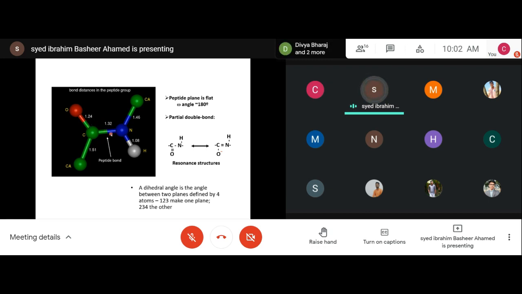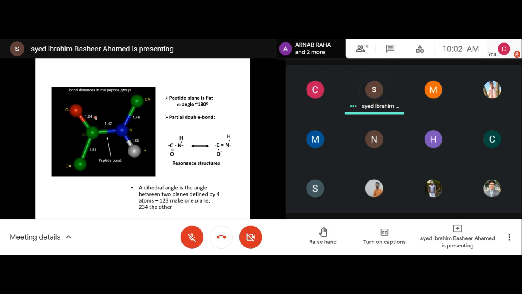Similarly, assume these 3 atoms also make another plane. So I'm numbering 1, 2, 3, and 4. 1, 2, 3 make one plane, 2, 3, 4 make another plane. So I can measure the angle here. I have 2 different planes. If I measure the angle between these 2 planes, you got it?